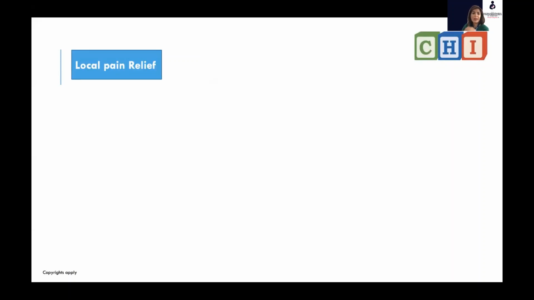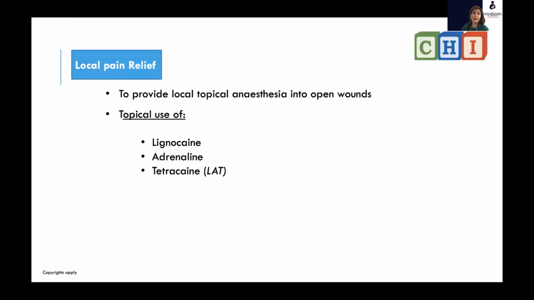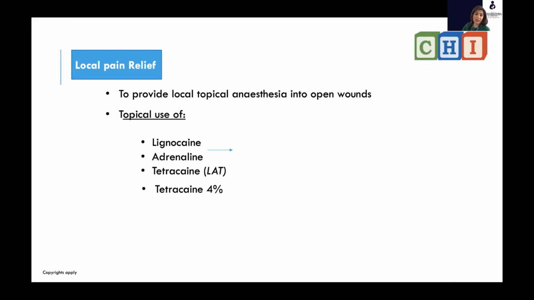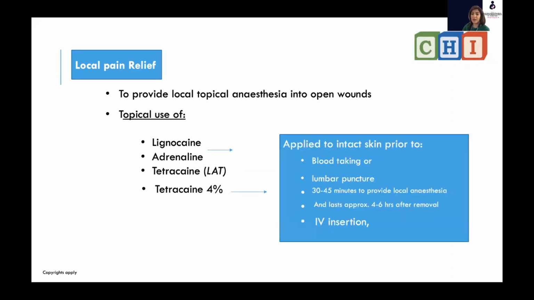For topical local pain relief, there are several agents, and topical lidocaine and adrenaline are usually used for broken skin, applied to wounds and lacerations. Tetracaine 4%, we usually apply for 30 to 40 minutes, and their effect will last for 4 to 6 hours. We usually use them for lumbar punctures and IV insertions.